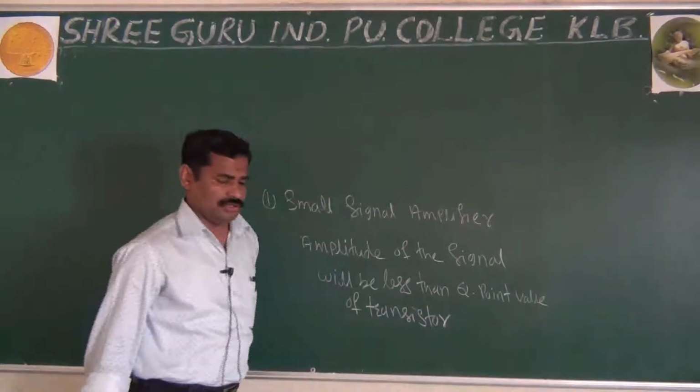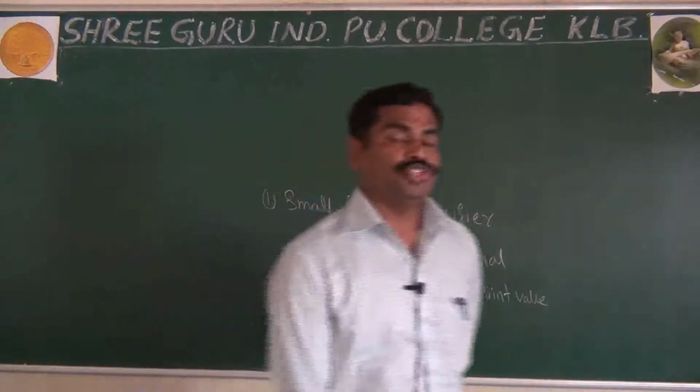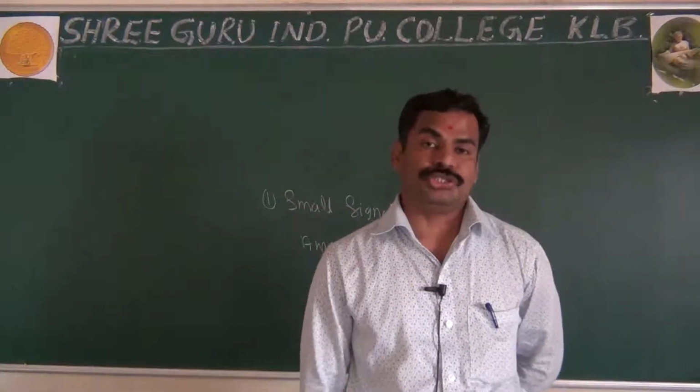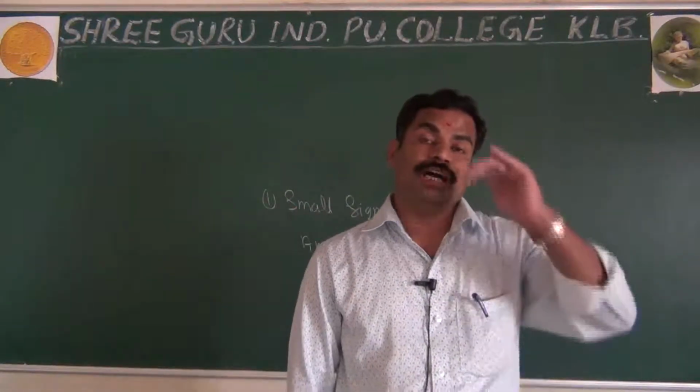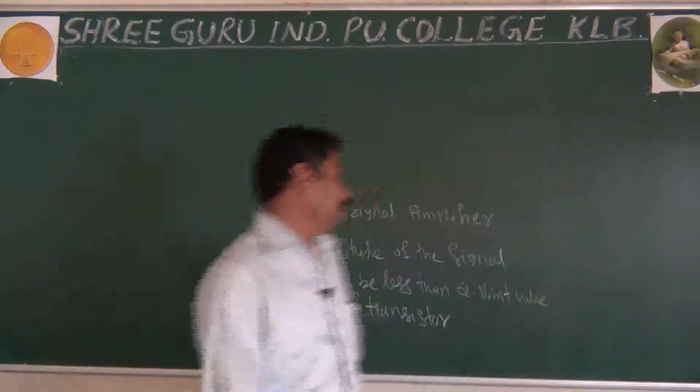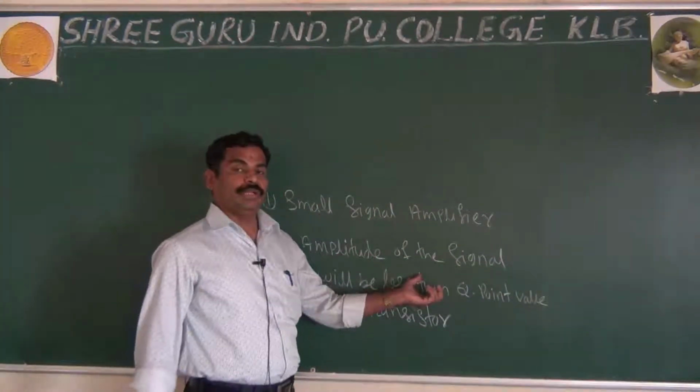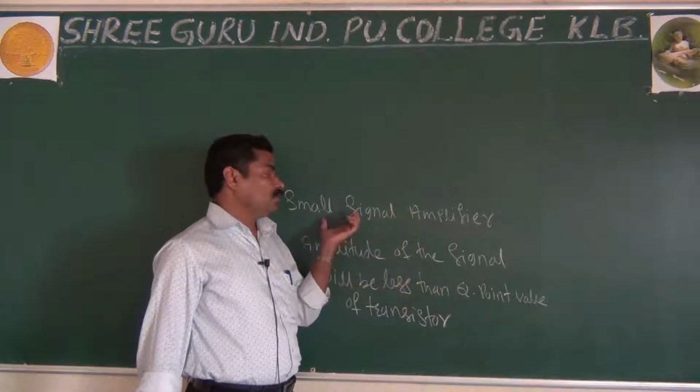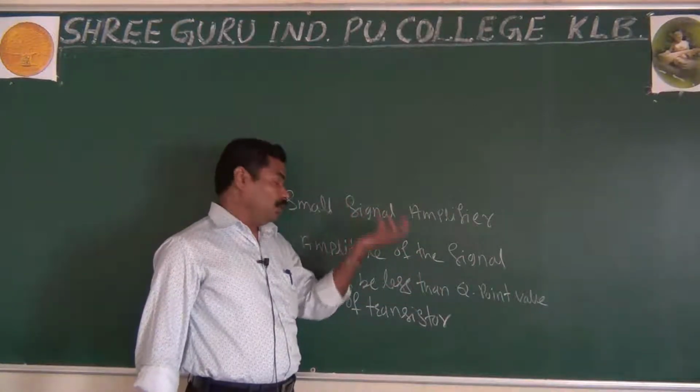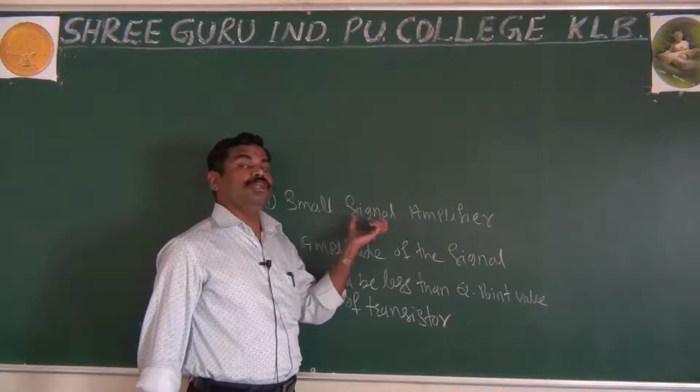It means in your small signal amplifier you are applying an input signal, that input signal has some amplitude, and that amplitude should be less than the Q point value. That type of amplifier we call the small signal amplifier, and it is also called a voltage amplifier.